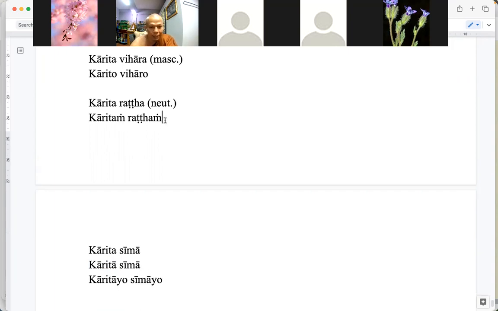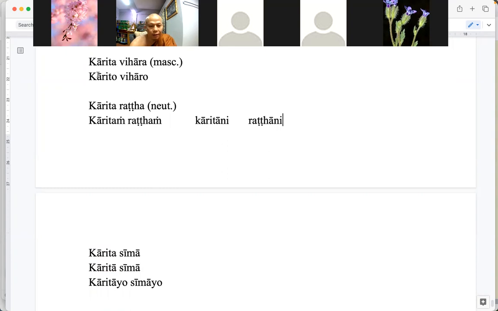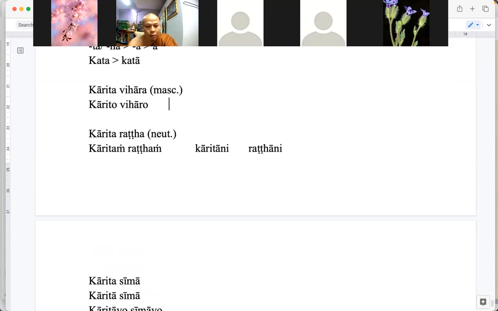The same way for the right hand also for plural form: karitani and ratani. And the same way, karita and then vihara like Buddha.